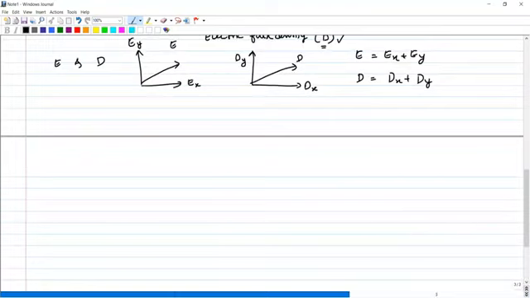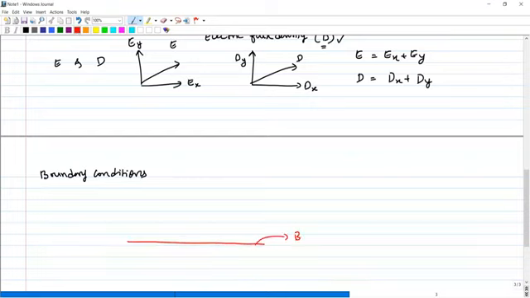Since we are going with boundary conditions, suppose see here, if this is the boundary, the component which is parallel to the boundary, we will call it as tangential component.